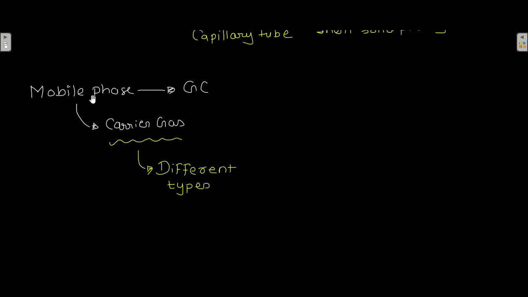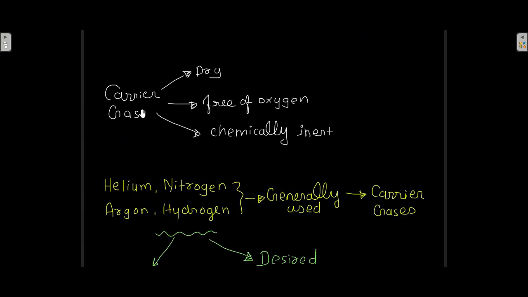Now, the mobile phase involved in gas chromatography is known as carrier gas, and there are different types of carrier gas which are used. The carrier gas must be dry. It should be free of oxygen and it should be chemically inert.